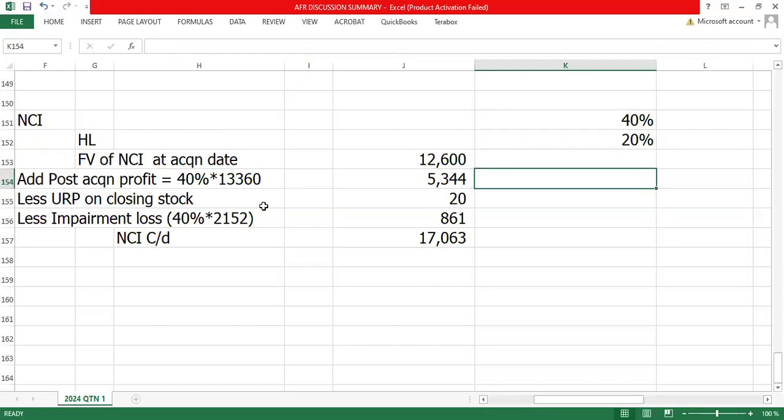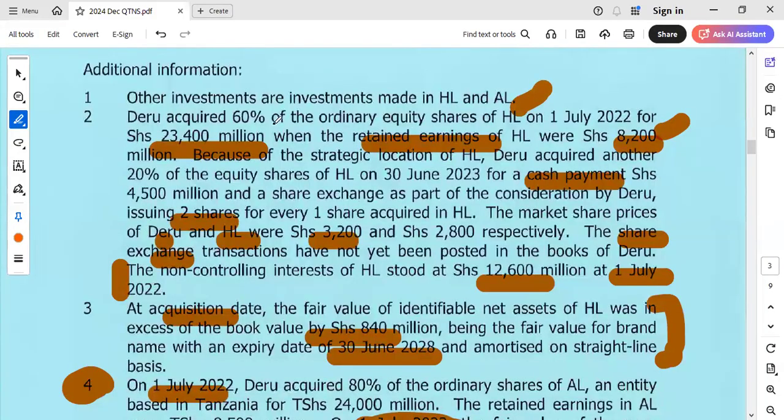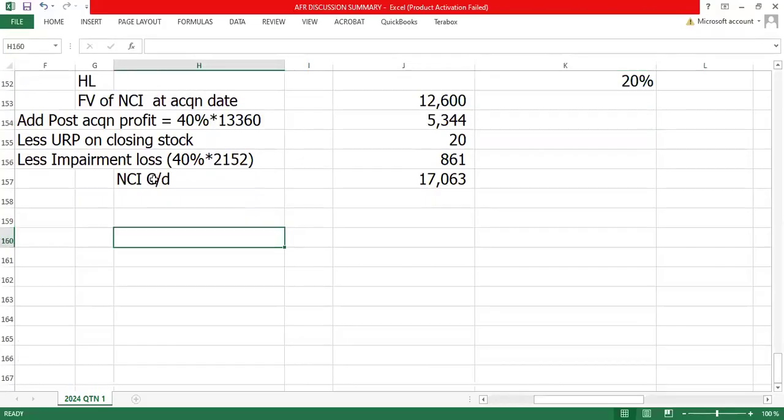No, I think this one is for HL. Initially, you had 60. You acquired 20. So NCI reduced. So what does that one mean?